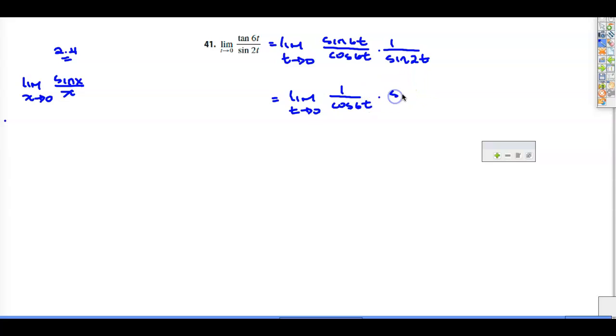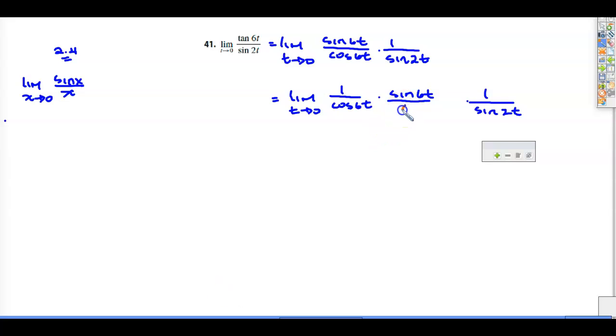But in this case, I have a sine 6t here, and then I have times 1 all over a sine 2t. So what do I need to have here?